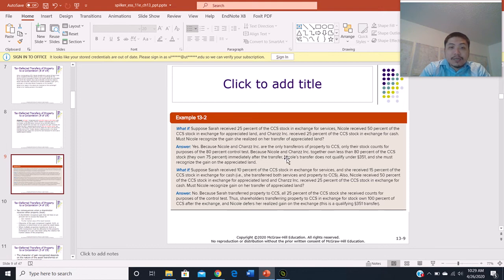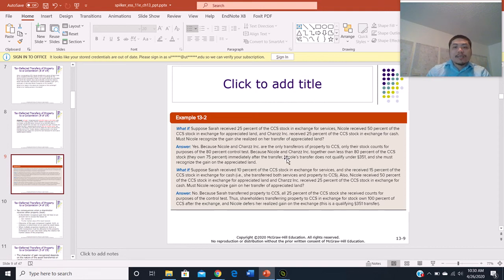And then we know Sarah exchanged her service for the stock, whereas Nicole and Chance Incorporated, the Chance company, exchanged properties to receive stock.